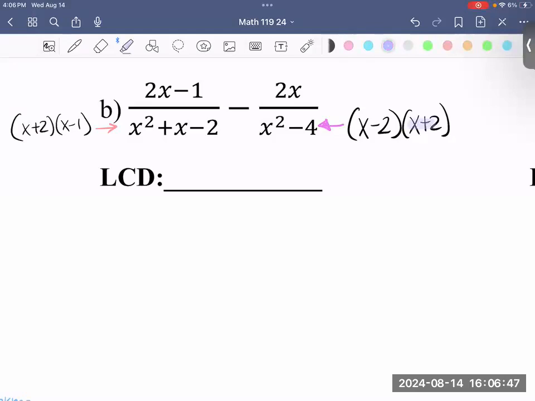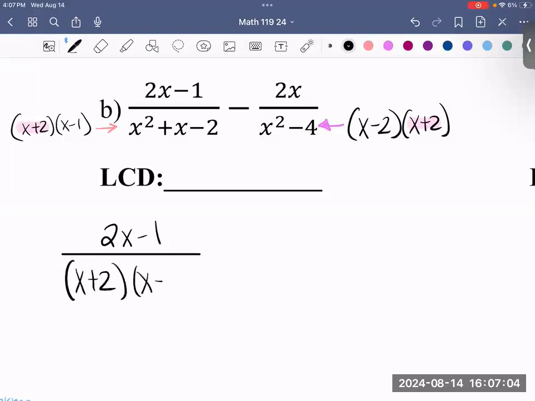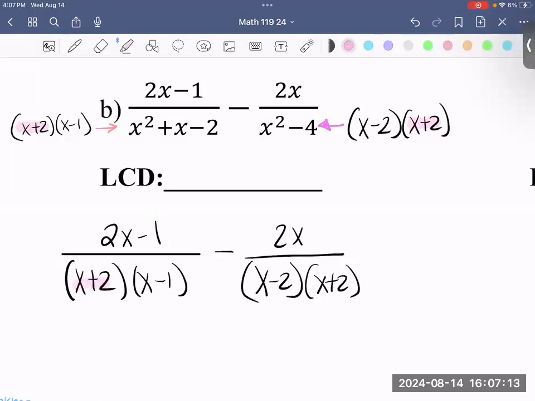Oh, yeah, they have an x plus 2 in common. Now, what is missing from your left-hand side, right? Well, if I rewrite it, so we get 2x minus 1 over x plus 2, x minus 1 minus 2x. There. I don't know why I try to squish things sometimes.